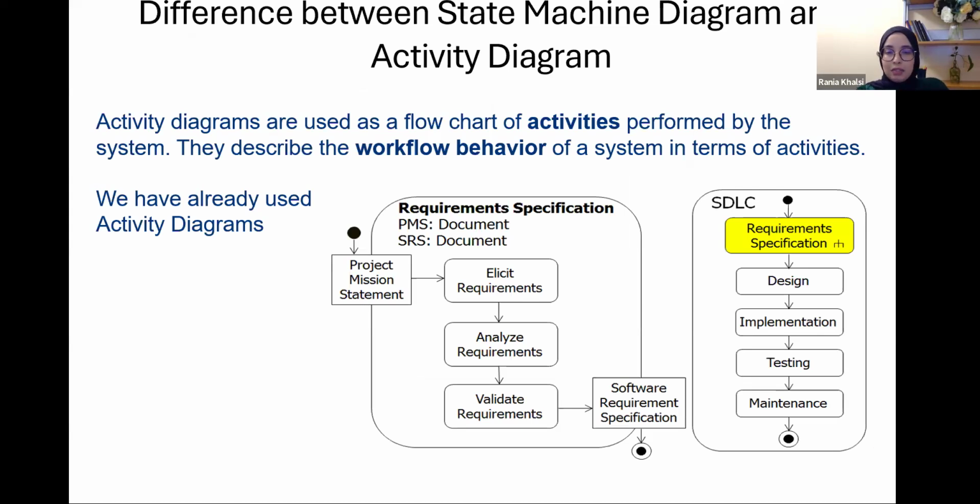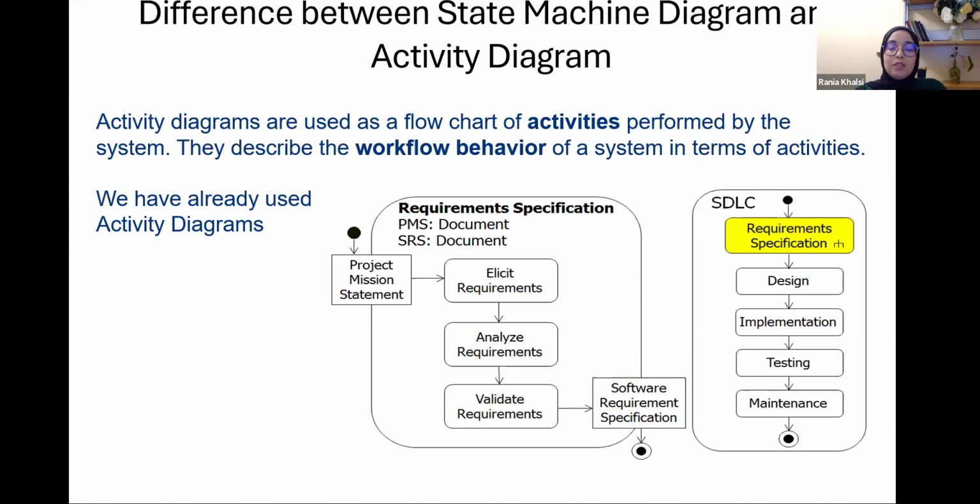Now let's see the difference between the state machine diagram and the activity diagram. Activity diagrams are in general used to show the flow chart of activities that are performed within a specific state of the system. We are already using a kind of activity diagram to move through the requirements specification steps, as we said from the beginning of this semester.